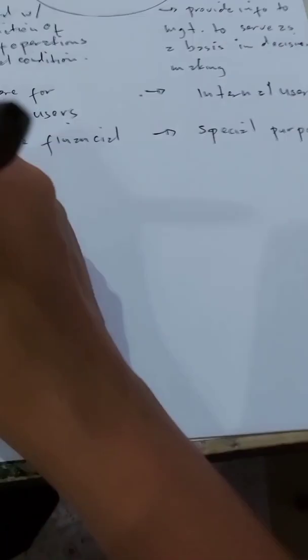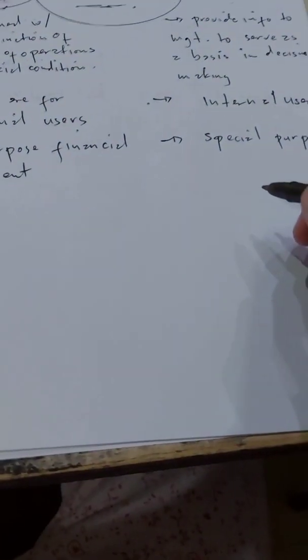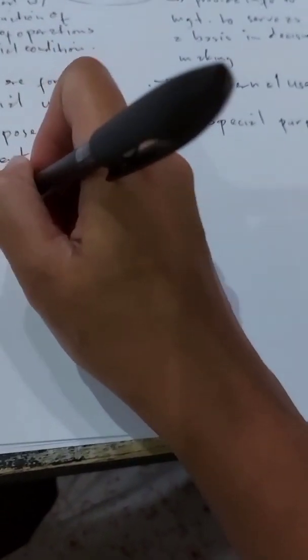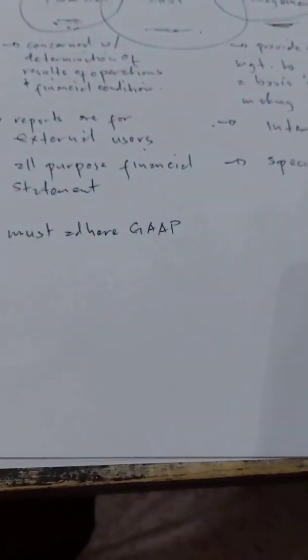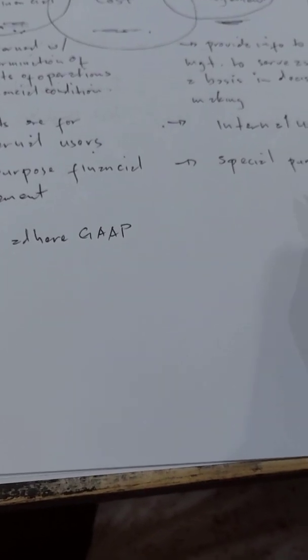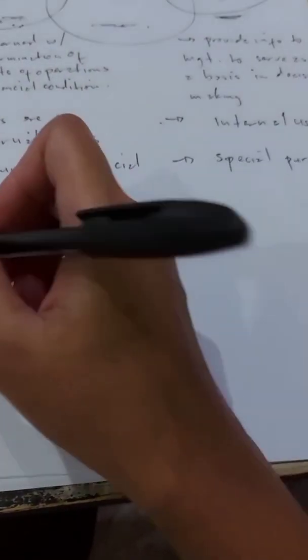So as to application of GAAP naman, ang financial accounting must adhere to GAAP. Yung GAAP natin ay generally accepted accounting principles so that external users may understand the basis on which the statements are prepared and be assured of their reliability and comparability. Okay.